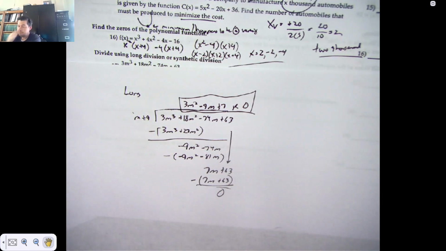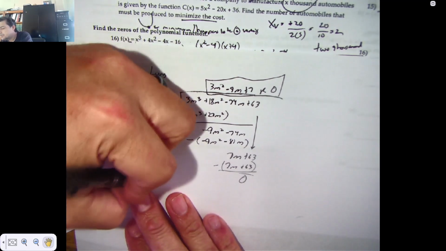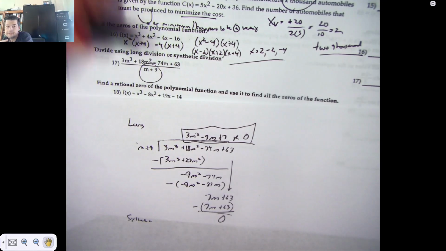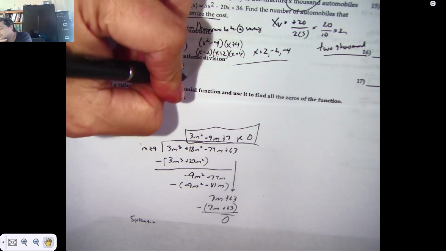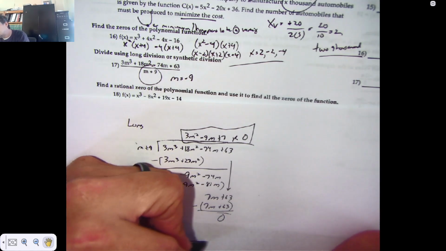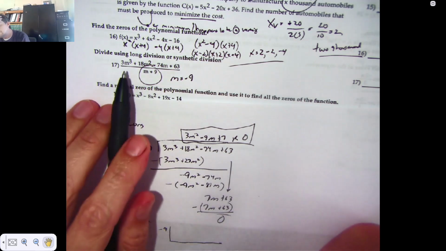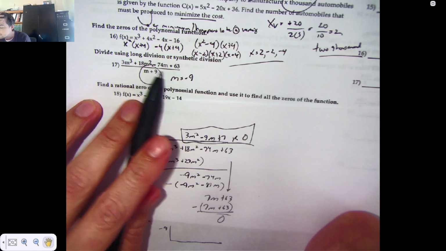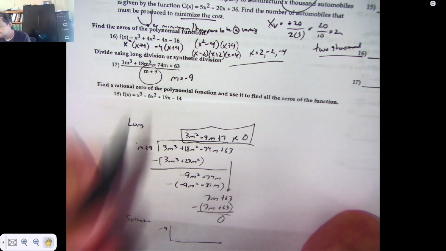That's long division. And it said you could also do synthetic. And you can. You're dividing by this, which means that the m value is negative 9. When we're talking about factors, we always change signs. So I take a negative 9, throw it out front. Coefficients were 3, 18, negative 74, and 63.